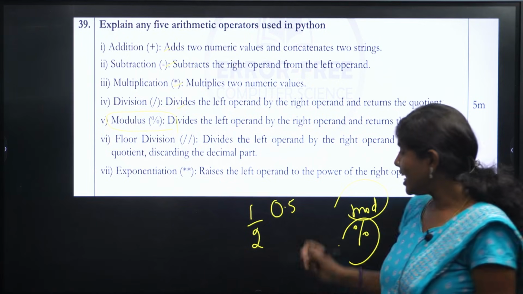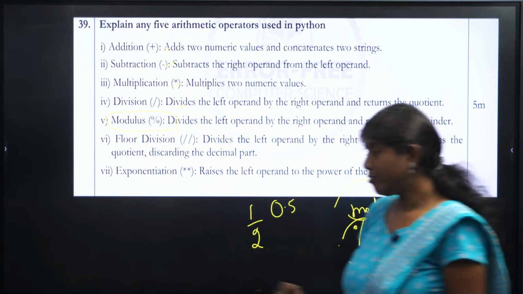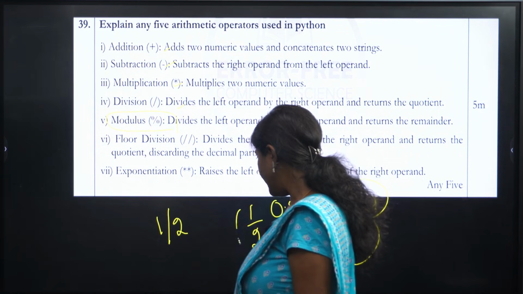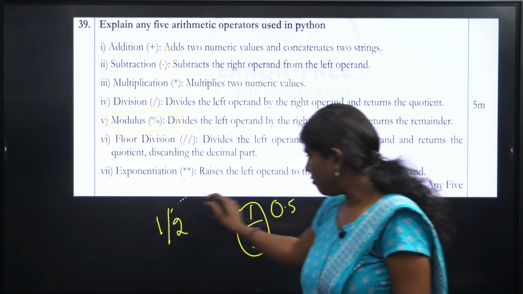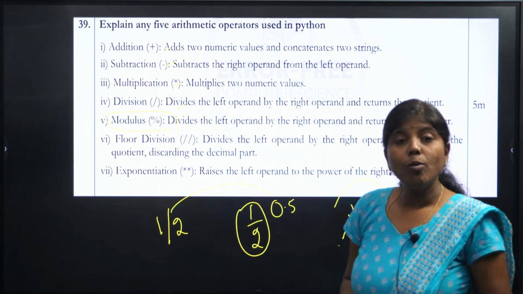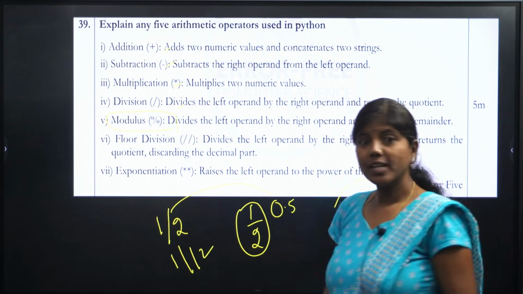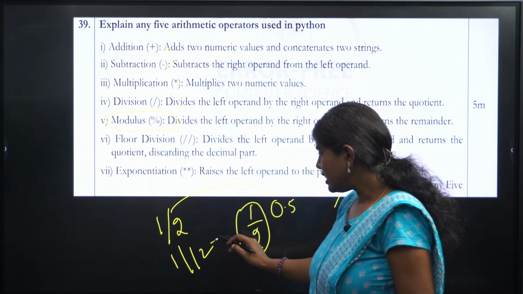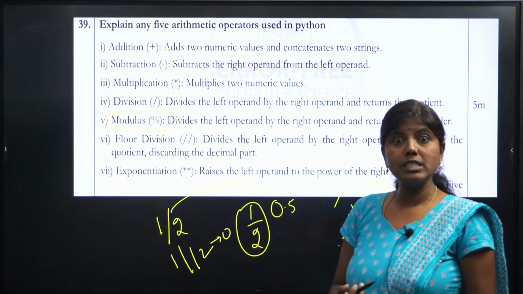Yes, there is a big deal. 1 by 2 gives you 0.5. What about 1 floor division 2? That gives you the integer part. That means this will be 0.